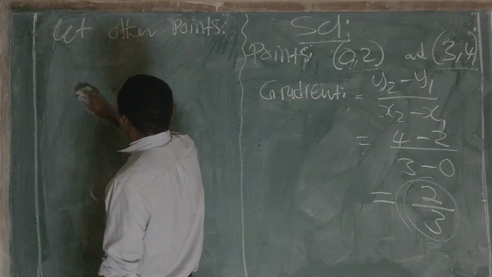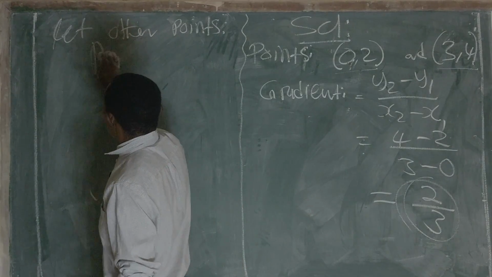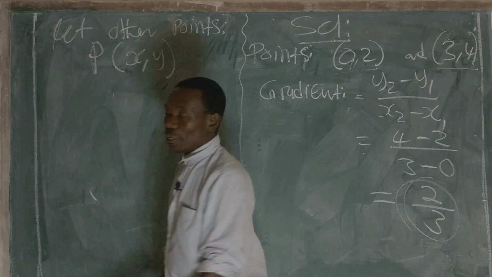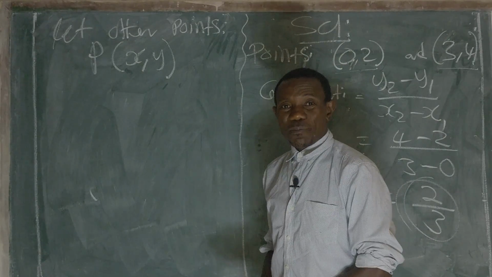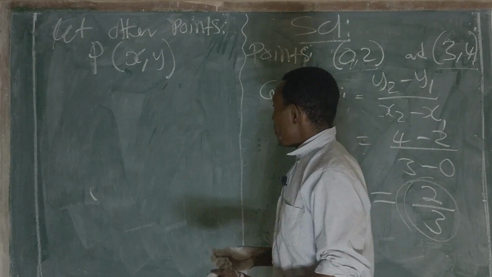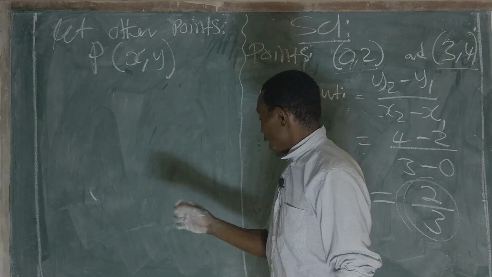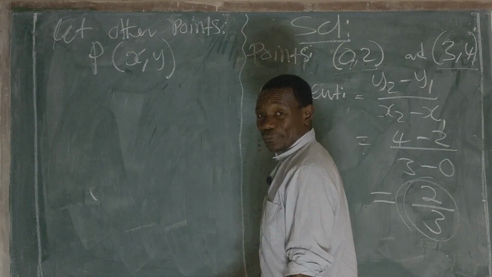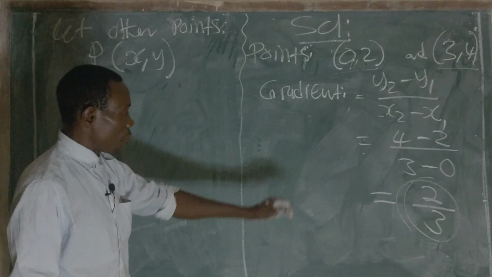You can choose any name, say let it be B, defined by (x, y). The gradient is meant between 2 points within that line at any position, and it will always be 2 over 3.